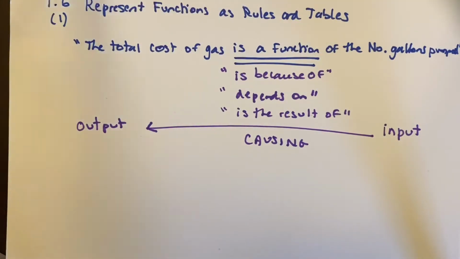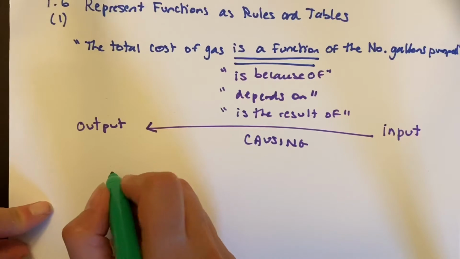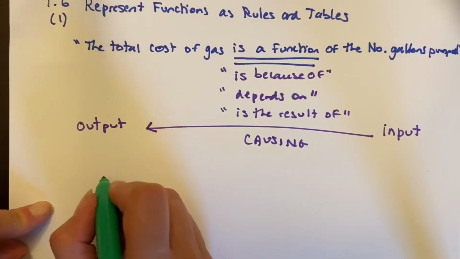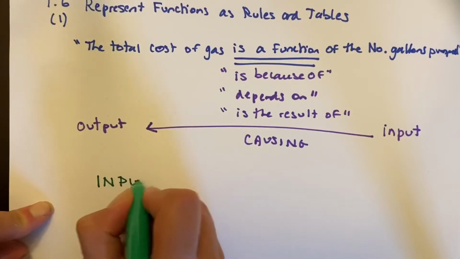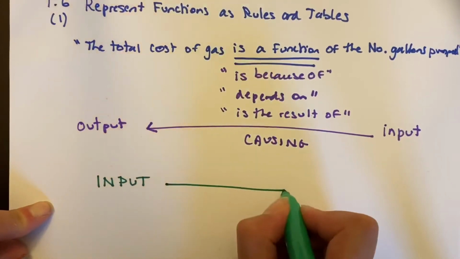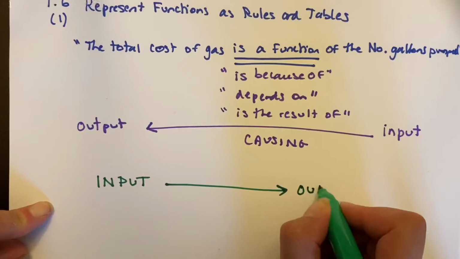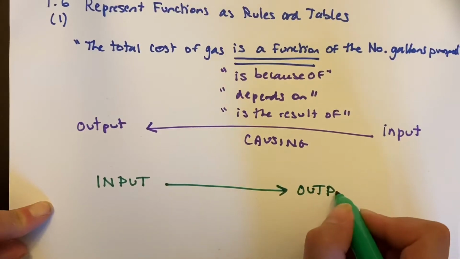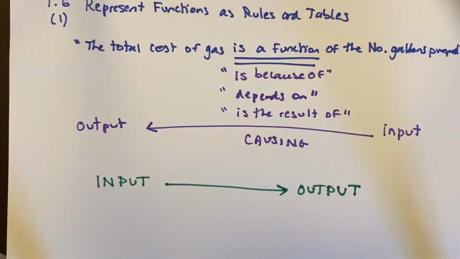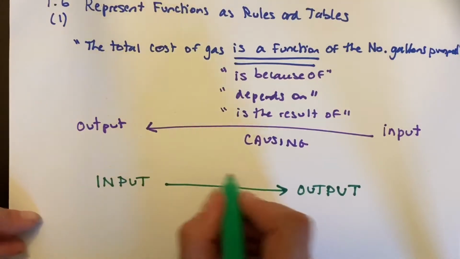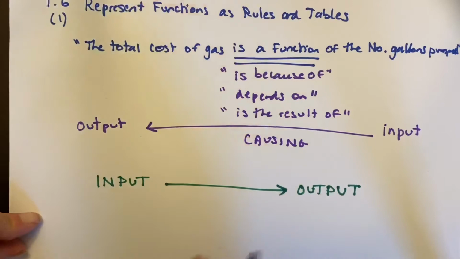Now we have to look at some more vocabulary. An input, and I'm changing markers just so that it's a little bit clearer, leads to an output. I'm reversing things because I'm more comfortable going left to right, and I want to continue this definition. An input with a function in the middle causes an output.